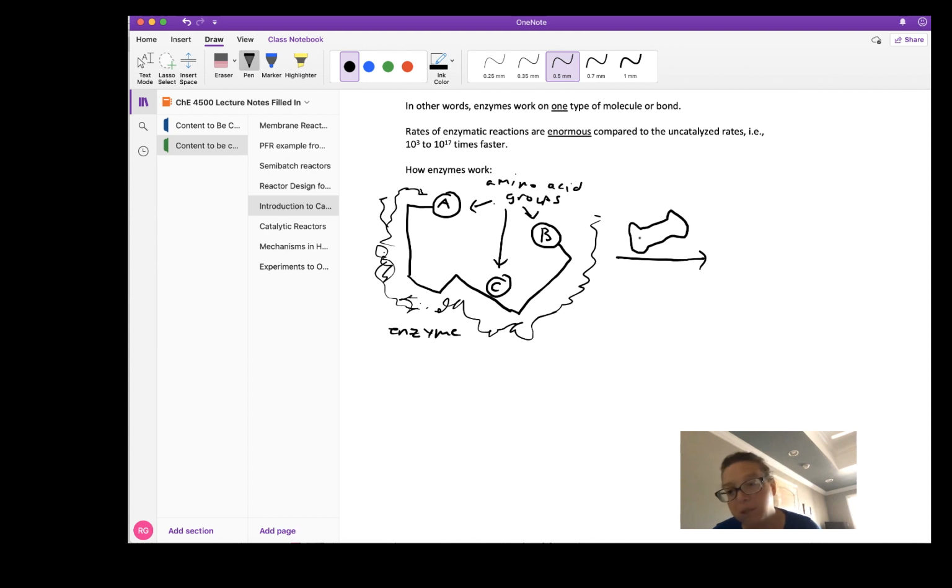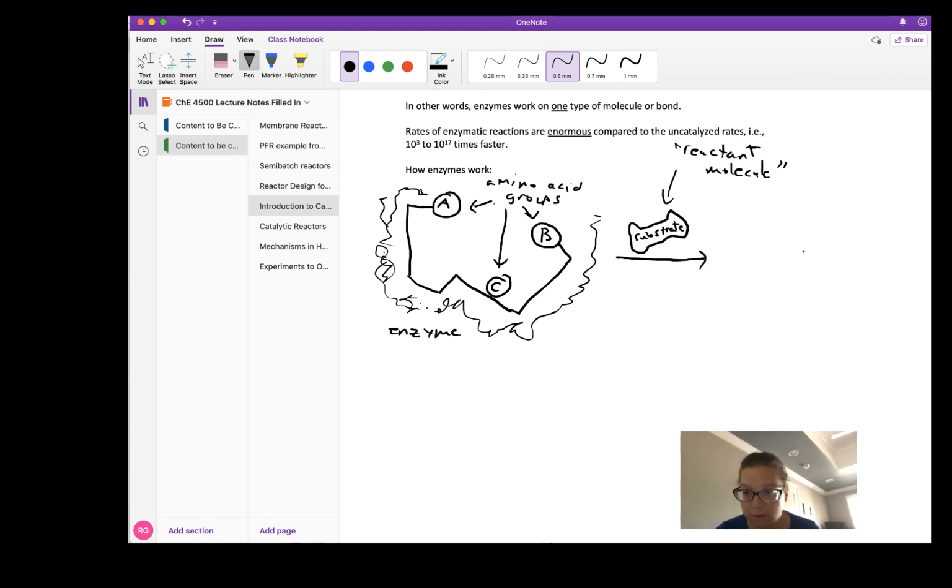We're going to call it a substrate, which is just a reactant molecule. So the substrate is going to bind on this enzyme.